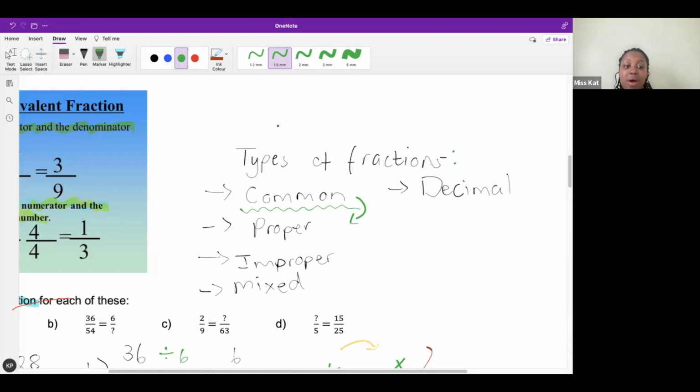So all of them are now categorized as common. The word that you want to use for such a fraction is proper, not common. And then, of course, we've already dealt with improper fractions as well as mixed numbers, as well as decimals. We're about to deal with them like 0.14.